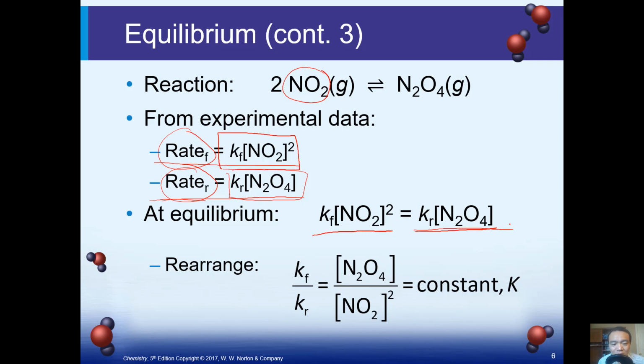If you rearrange this, you will find that the rate constant for the forward reaction divided by that of the reverse reaction takes a form that is exactly the same as the expression of the reaction equilibrium constant, and this constant we call the equilibrium constant.